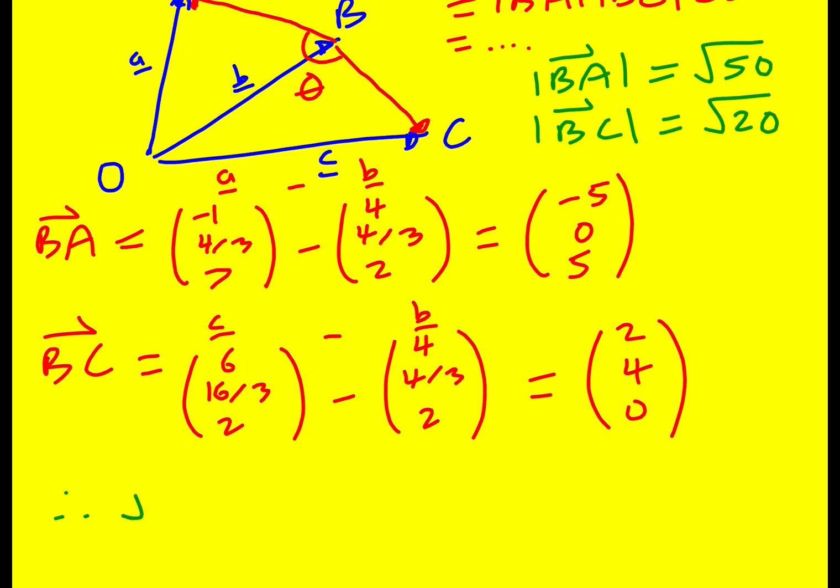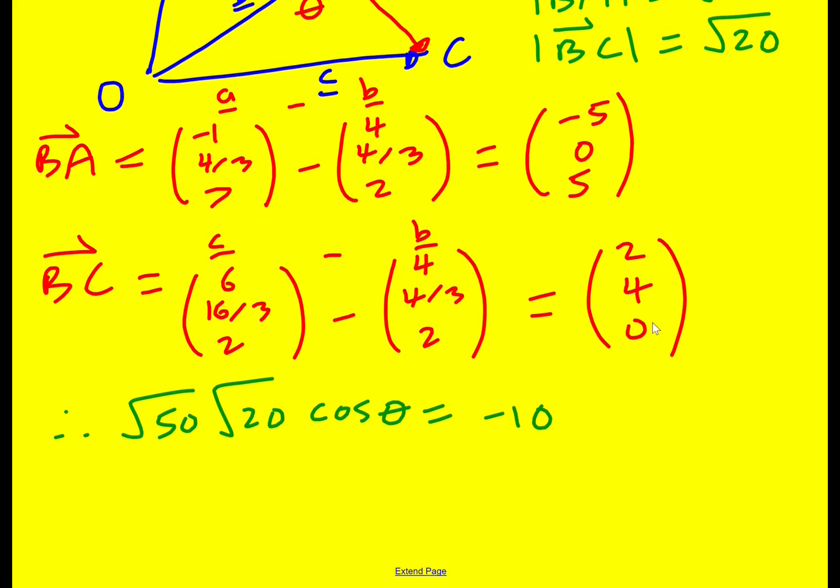Therefore, root 50 times root 20 times cos theta. And now I apply the dot product, so I multiply the x components together, minus 10, the y components together, 0, and the z components together, 0, and there we are.